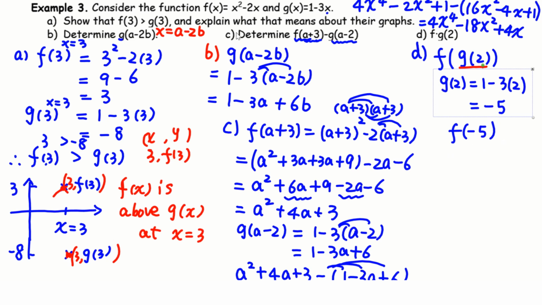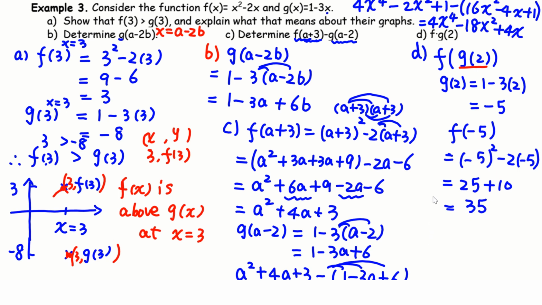So f at negative 5, we sub x equals negative 5 into the expression for f at x. So we have negative 5 bracket squared minus 2 times negative 5. Then negative 5 squared is 25. Minus 2 times negative 5, negative becomes positive, is 25 plus 10 is 35.